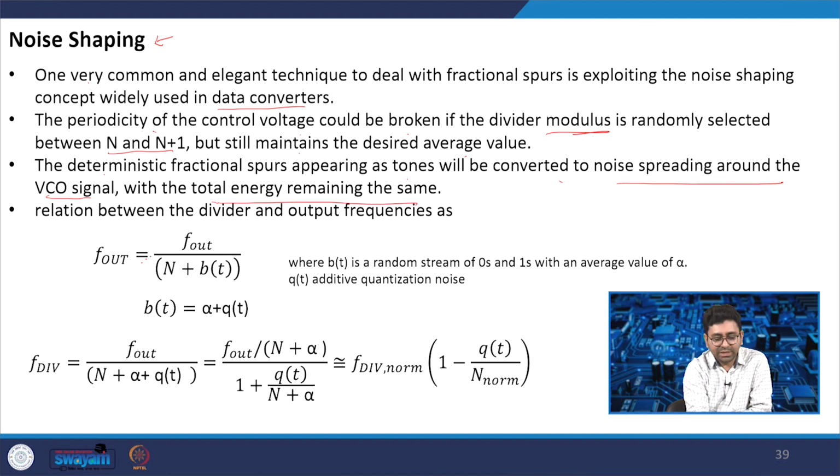So, f out is equal to f out n plus bt, where bt is given by alpha plus qt, and that f division will be given by f out by n plus alpha plus qt, which is equal to f out by n plus alpha into 1 plus qt by n plus alpha. So, this is how we can make a fine fractional division by using this method. So, this is what a fractional-N PLL is.